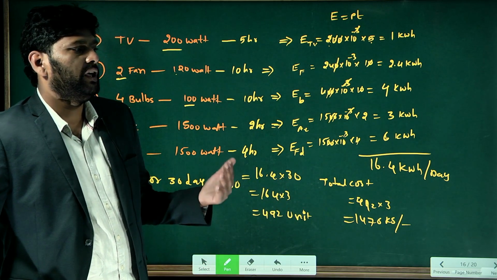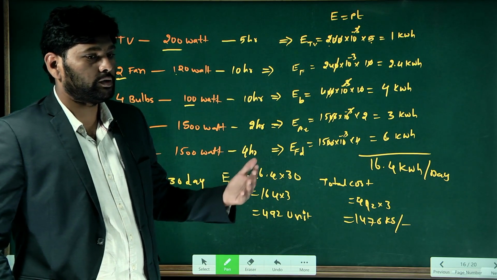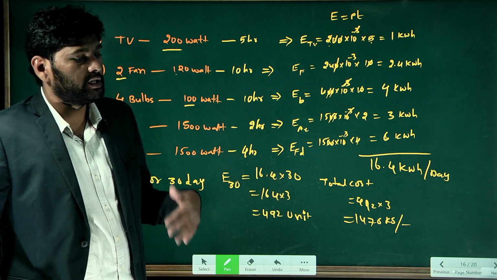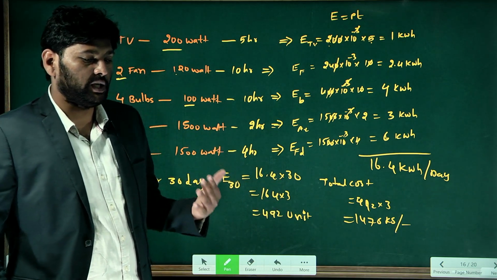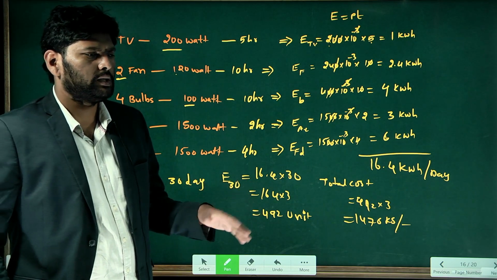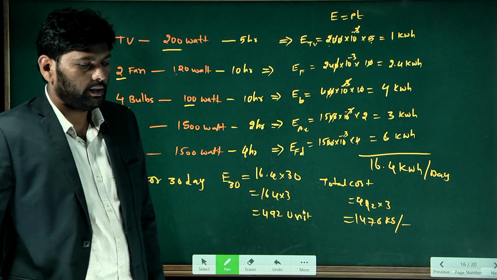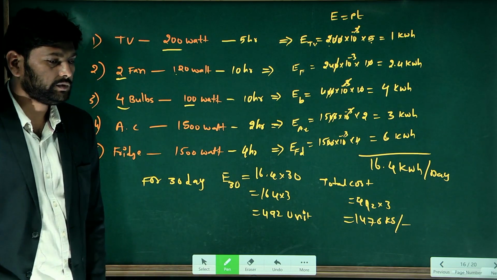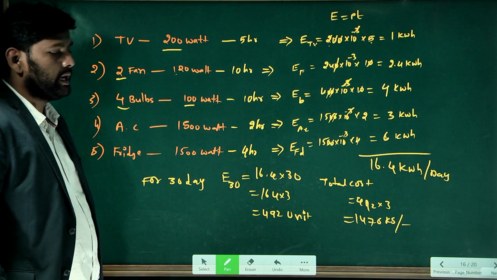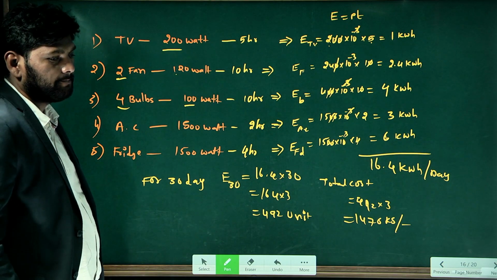It also depends on usage: if you use up to 100 units, it will charge something, and if it is more than 100, it will charge differently. That way, unit cost varies from place to place and unit to unit. Understand? This is the way you can calculate the electricity bill for household supply.